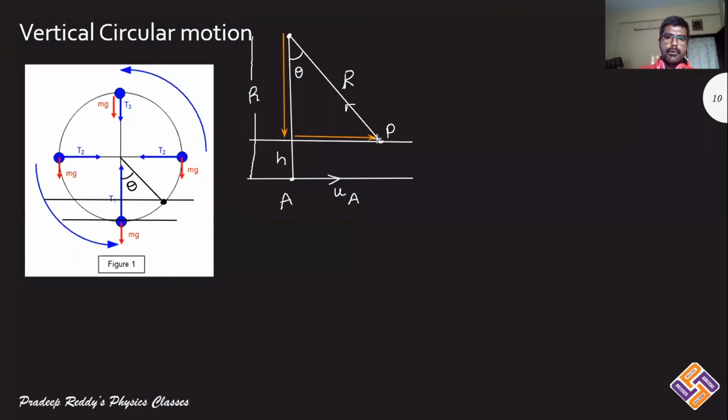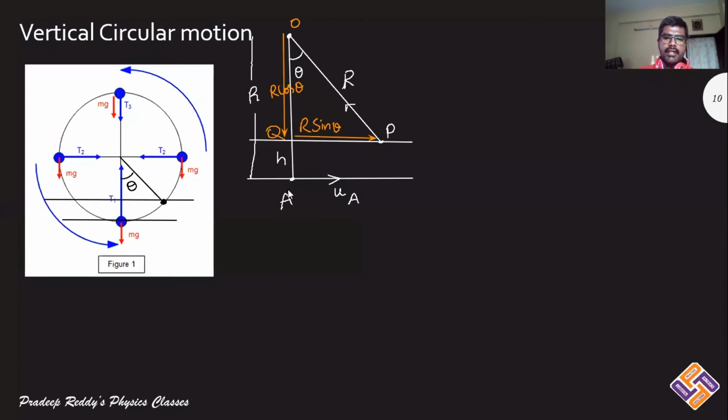Now I can write this component as r sine theta, and this component as r cos theta, from triangle O, P and Q. I have just resolved the vector into its components.